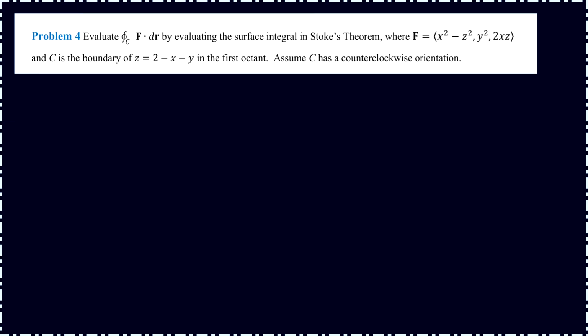All right, so this is the next problem in the handout. This time they're asking you to evaluate a line integral by evaluating the surface integral of Stokes theorem. They're giving you a vector field, and C is the boundary of this plane in the first octant.